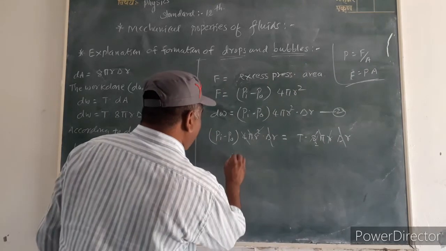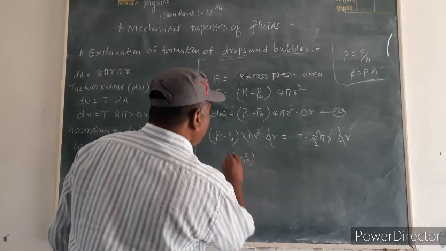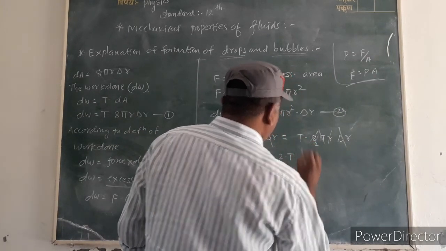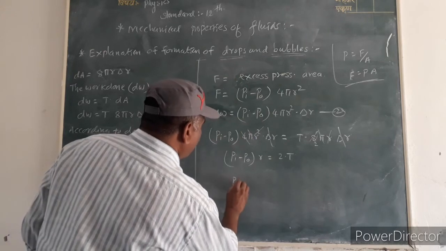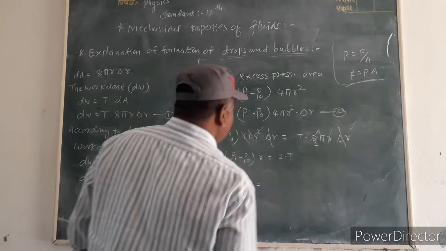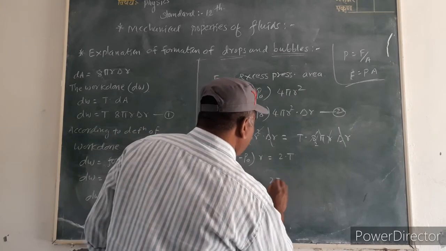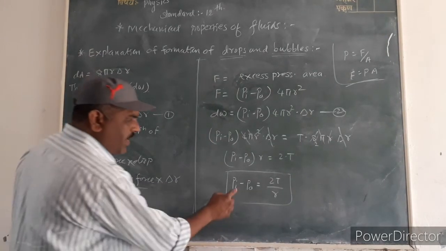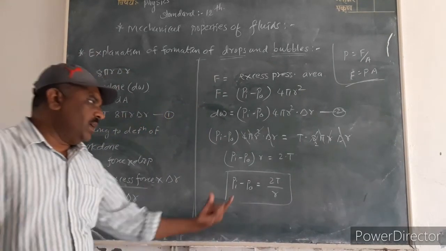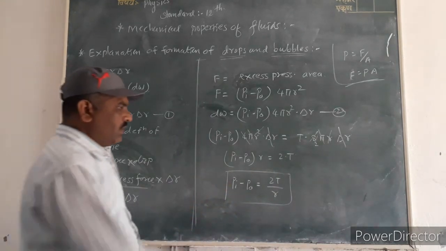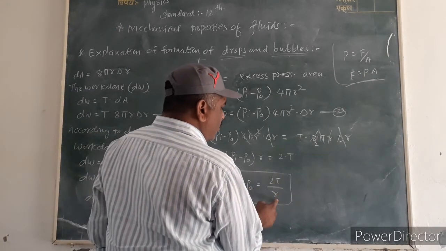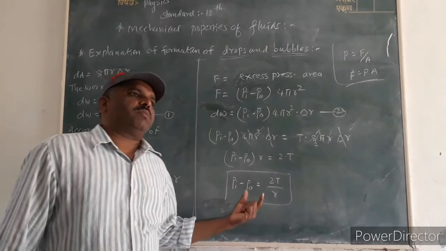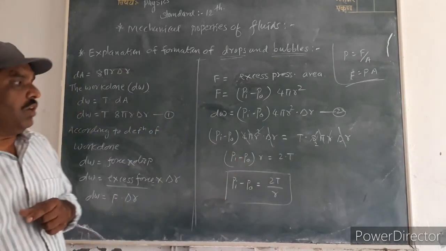We get Pi minus P0 into R is equal to 2 into T. Therefore, excess pressure Pi minus P0 is equal to 2T upon R, where T is surface tension and R is radius. This is the excess pressure inside the drop.